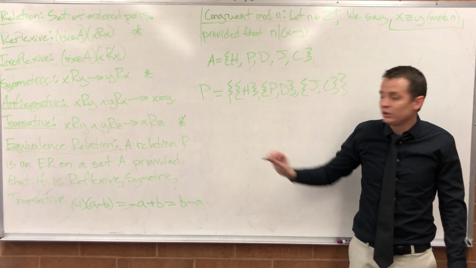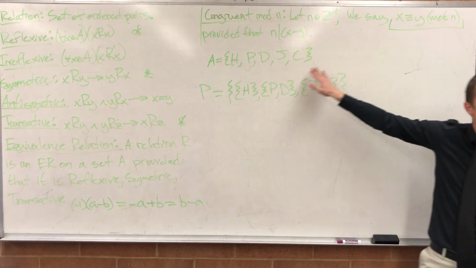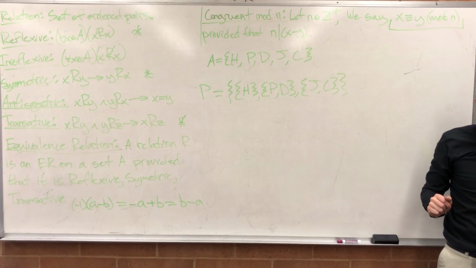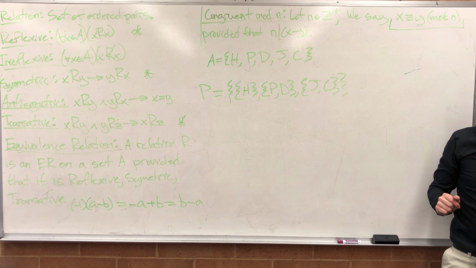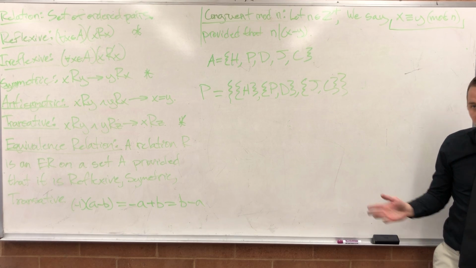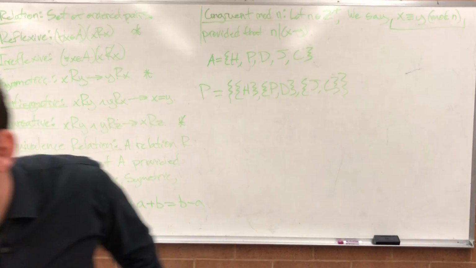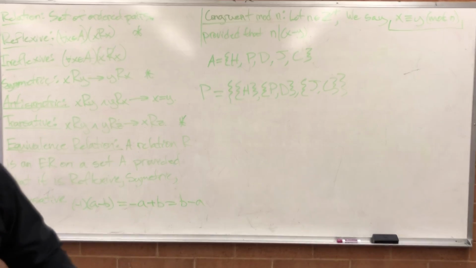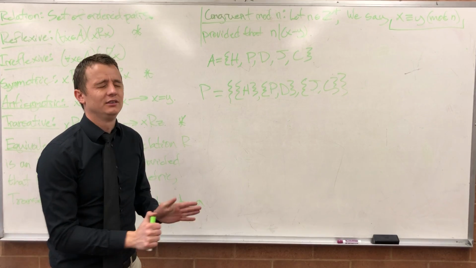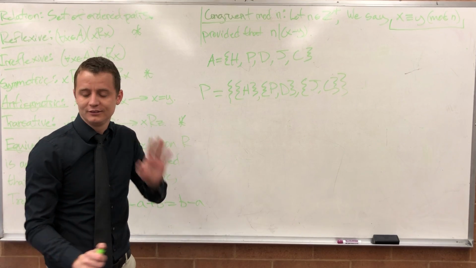We could have done the same thing with the entire student body and partitioned them by the relation is in the same class as, meaning what class you were taking this period. We would do the same thing. So intuitively, that's what partitioning a set is.